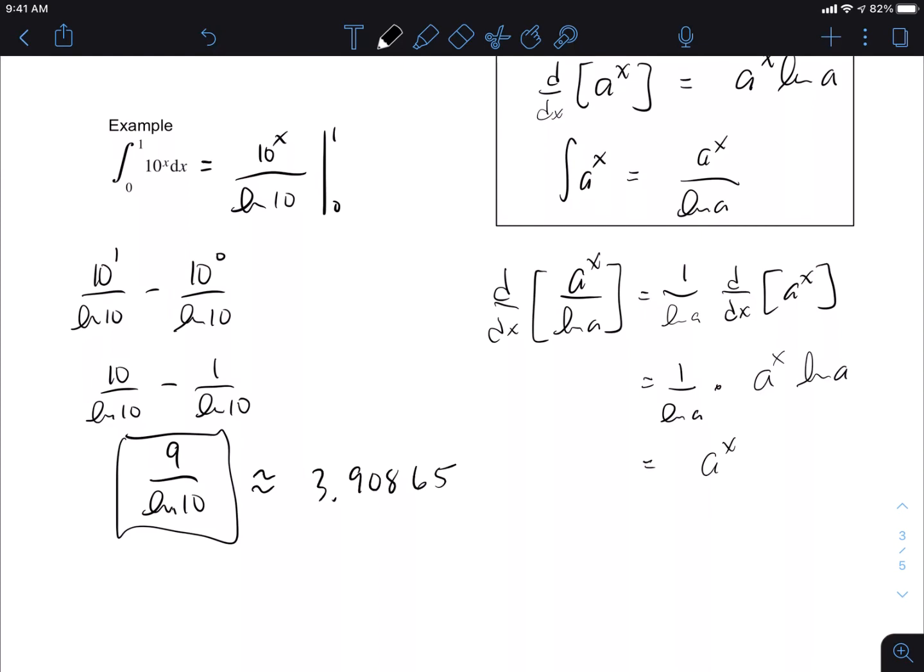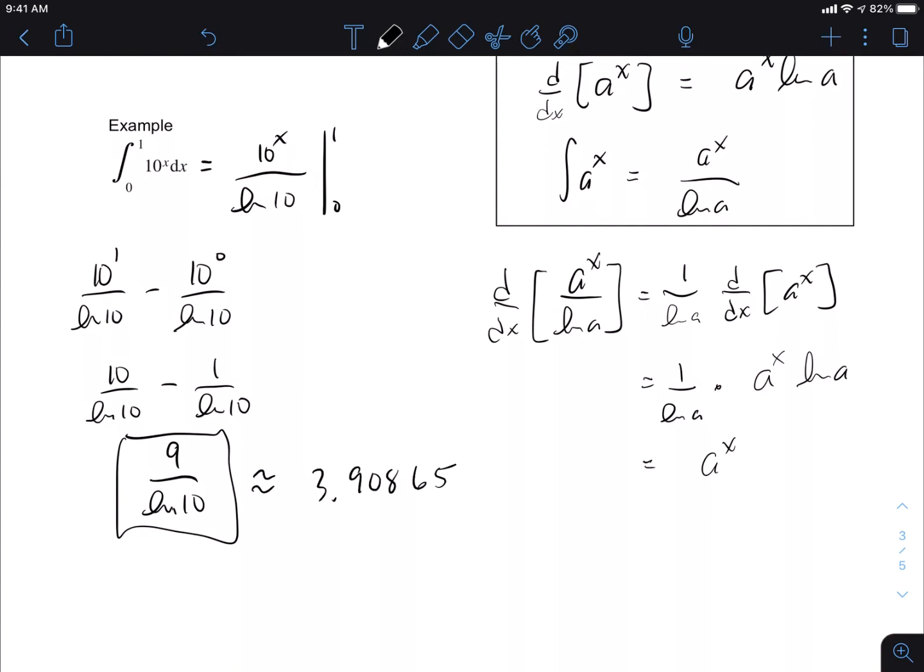Whenever you go to decimals, ln of 10 is not a rational number, right? Or at least I don't think it is. I don't believe so. So whenever you evaluate that, you're going to get some decimal. I only have my float at 6.